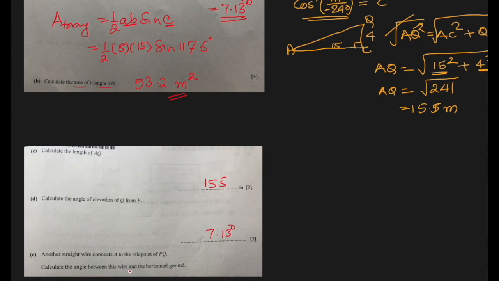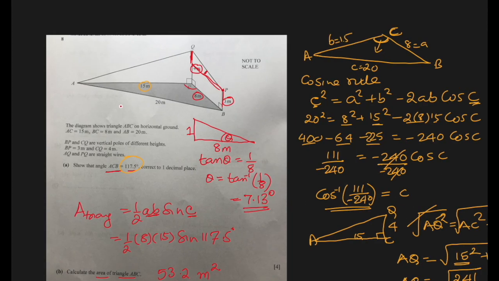Another straight wire connects A to the midpoint of PQ. Calculate the angle between this wire and the horizontal ground. A to PQ midpoint. PQ is here. Okay, so I'll have to change. Let me erase these first. Okay, so midpoint of PQ is here, and this wire is connected to A. They are saying what is the angle between this and the ground.